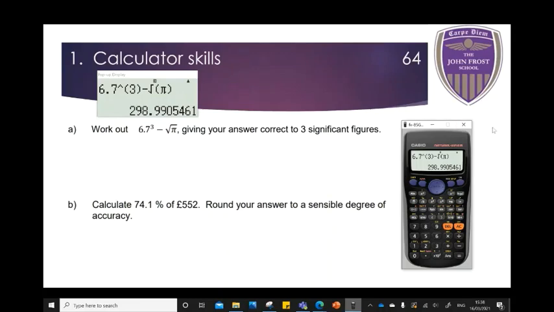298.9905461. But we only want this to 3 significant figures, so we only want the first 3 non-zero numbers. Those will be 2, 9, 8. But we need to check if the last number rounds up. The number after the 8 is a 9, so that means we will round this up to 299.